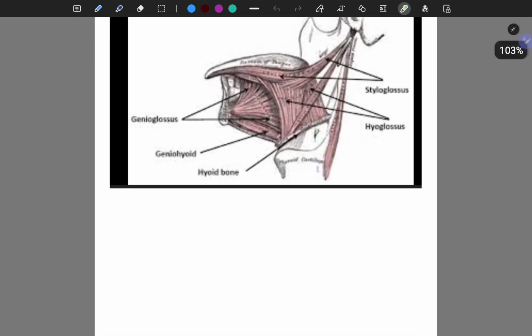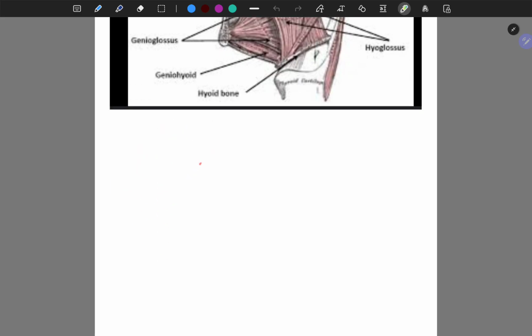So the very important question is tongue muscles. I want you to remember 5 important key points with respect to the tongue muscles. First, the tongue muscles are divided into extrinsic and intrinsic groups. Extrinsic: genioglossus, hyoglossus, styloglossus, and palatoglossus.